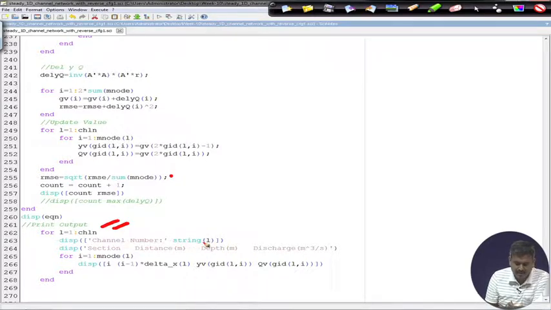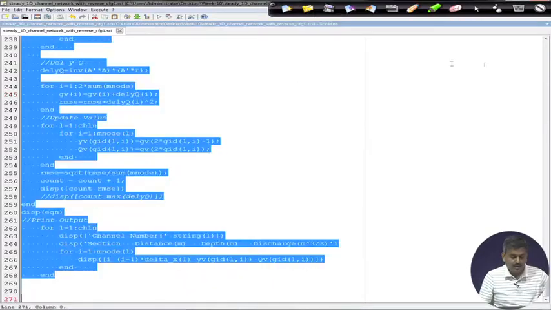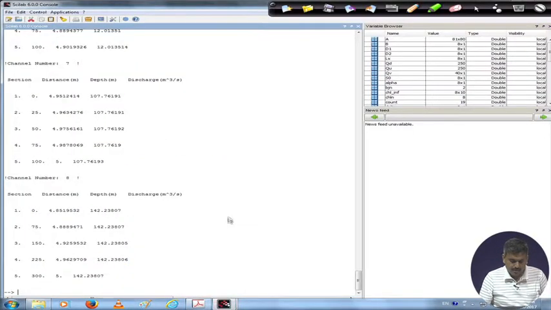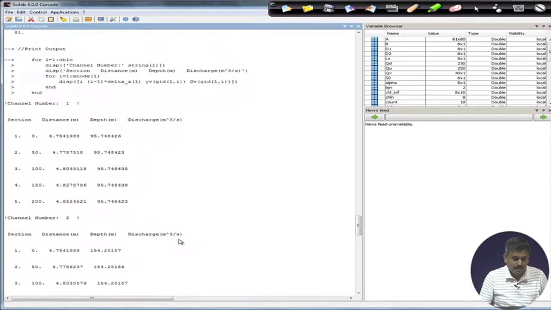L1 to channel number, this is channel number, then section distance, depth, discharge values. So, if we consider these discharge values, now if I run this, what I am getting for all values for all sections, that means whether it is depth or discharge, all values are positive.